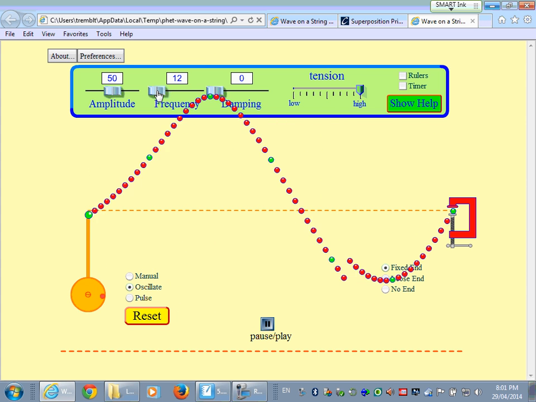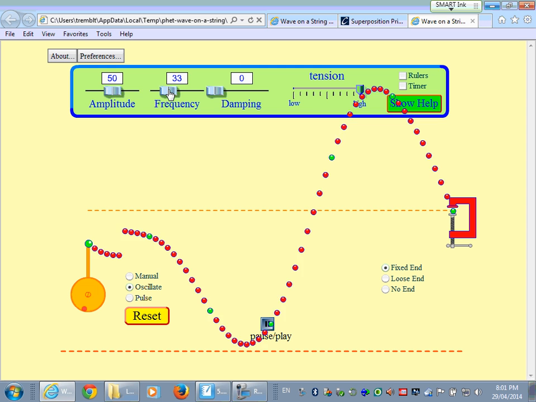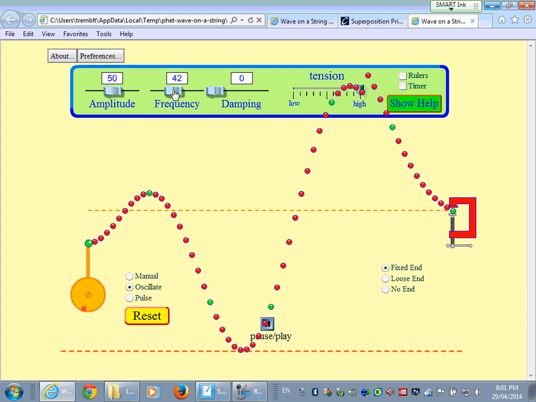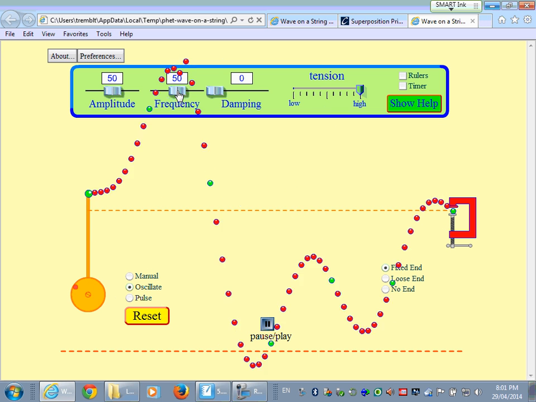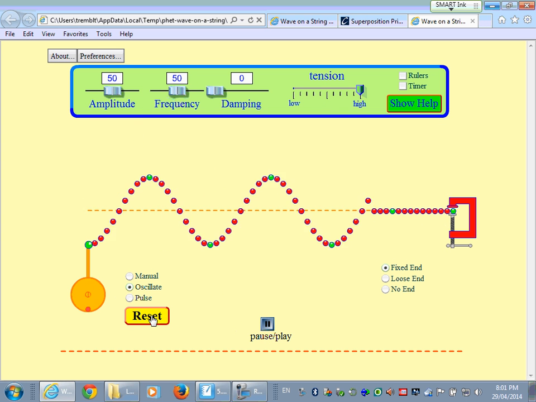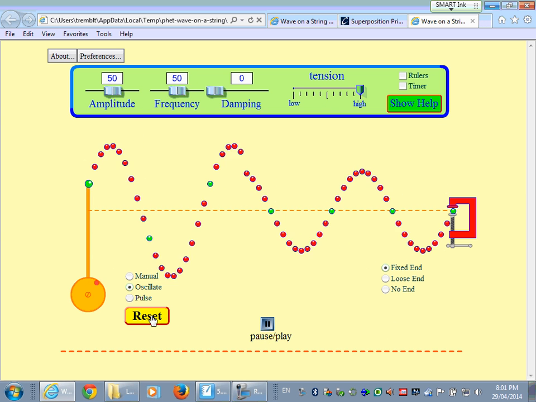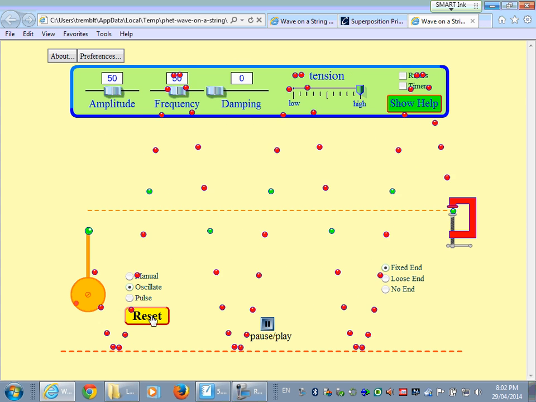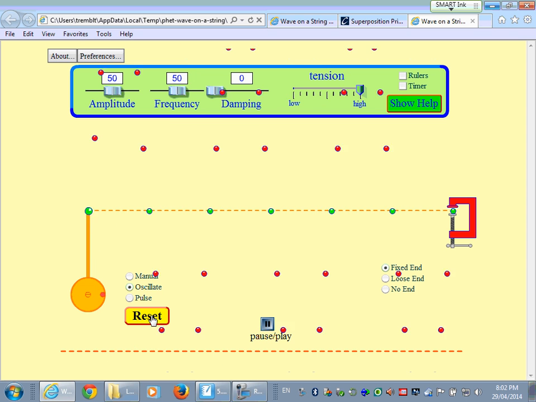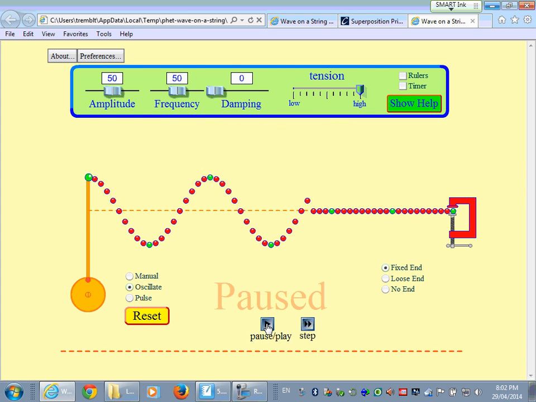And if we organize it just right, we can see that we get this really weird type of wave happening here. This is what we call a standing wave. And I'll show you how it works in just a second.